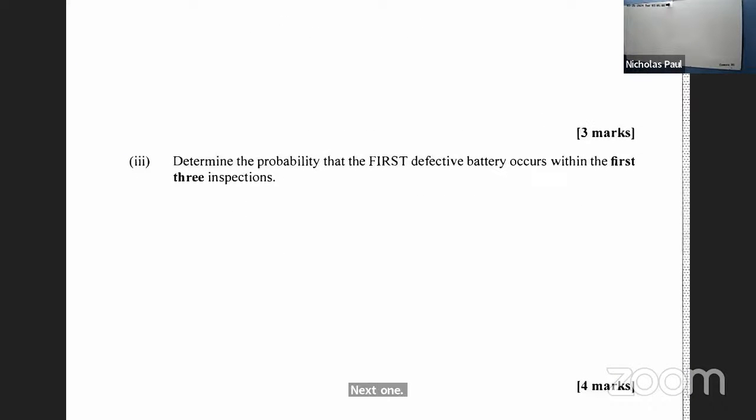Determine the probability that within the first three inspections they get it. So they want the probability of X is less than or equal to 3. So that's 1 minus q to the power 3.